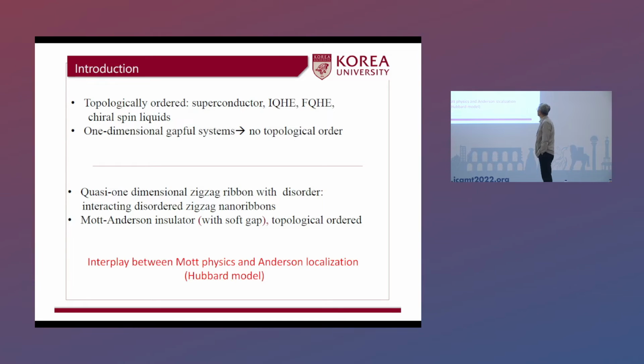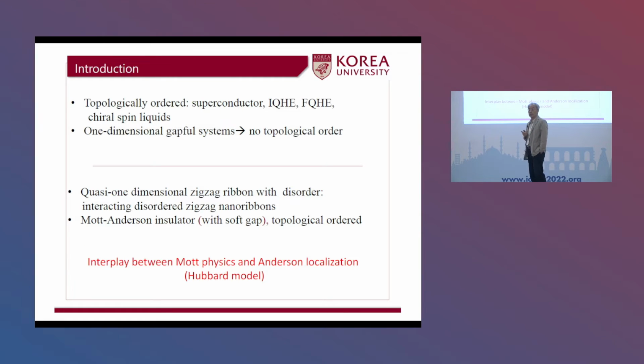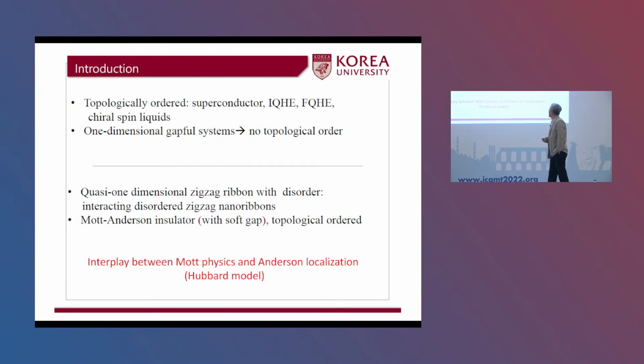That is a topologically ordered insulator. Now, it's not easy to find a new topologically ordered insulator because there is no symmetry that helps you to find such an insulator. So you have to basically use a trial and error method.